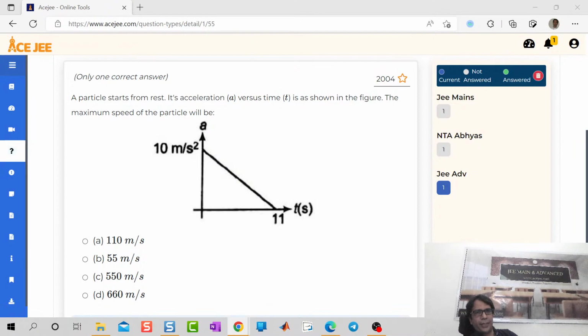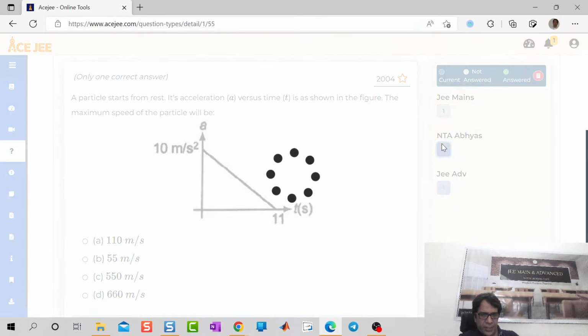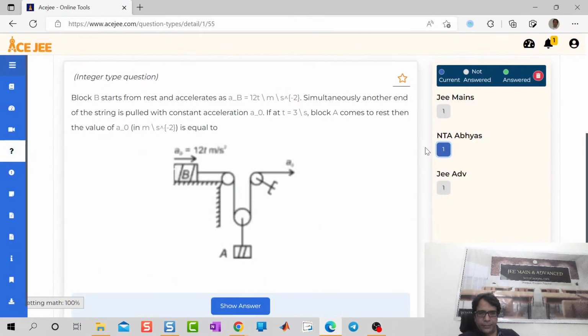So you agree with that, right? Yes. So the acceleration in the same direction, the velocity will keep increasing. So the maximum speed will happen at time t equals to 11 seconds. Yes? Good. Let's quickly take a look at the NTF asked question, see if we missed out on something.